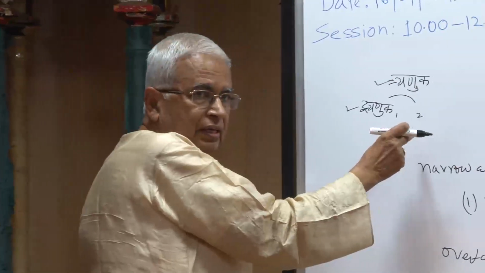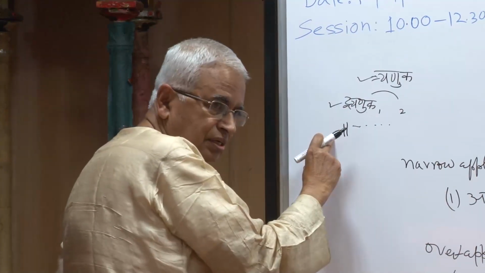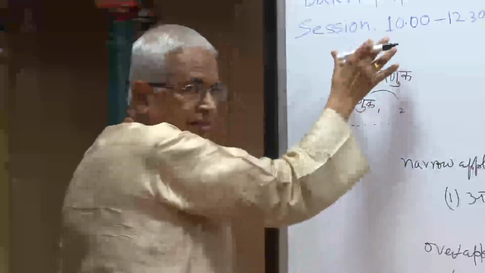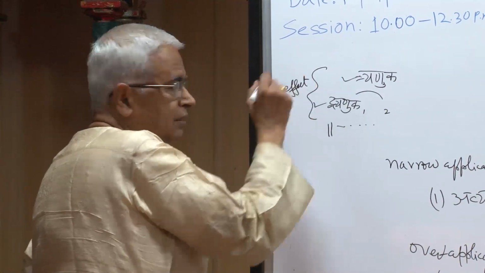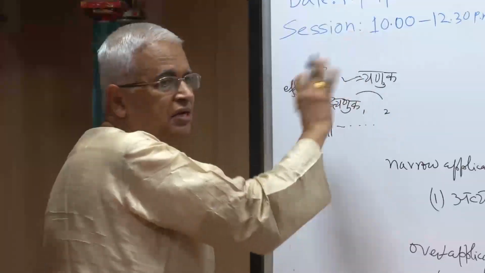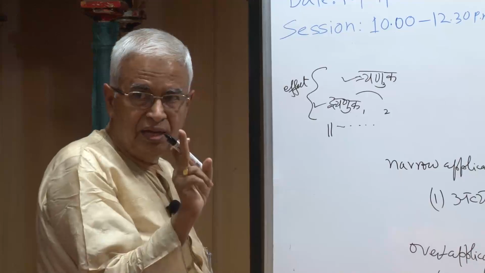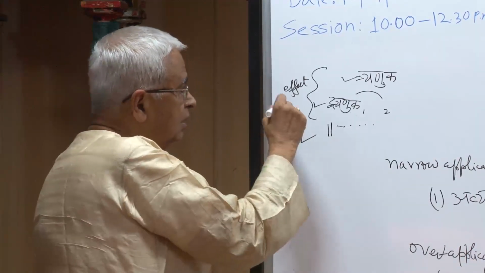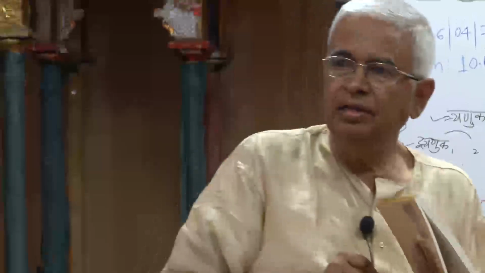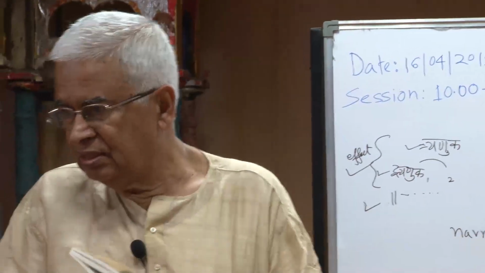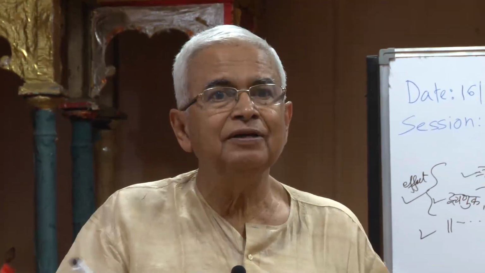So this form of Prithvi is Nitya, and this is Karya, effect. So the effect form of Prithvi is Anitya. So Sa Dvividha, Nitya, Anitya: Nitya in the form of Paramanu, Anitya in the form of Karya, all effects made out of Prithvi.